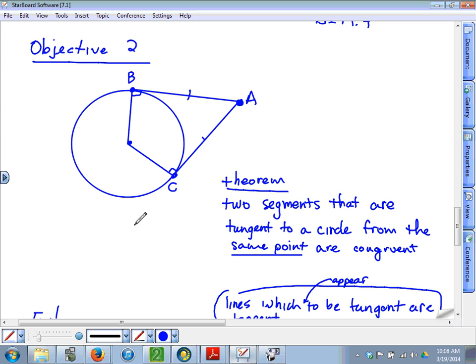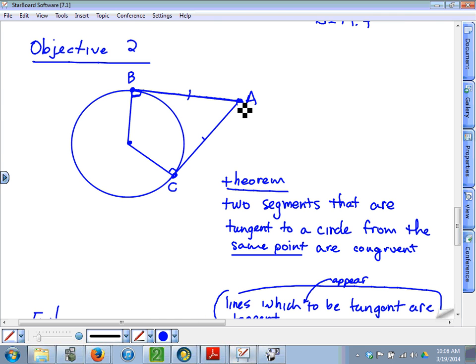That's the importance of this theorem, you guys. Now it's time to listen. It's one thing to write a theorem down, but it's another thing entirely to understand what it's talking about. If I start from point A and go over to point B, that's a tangent line.